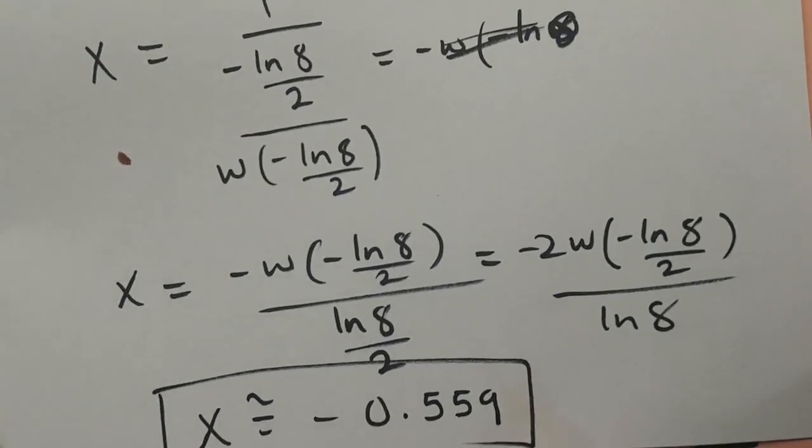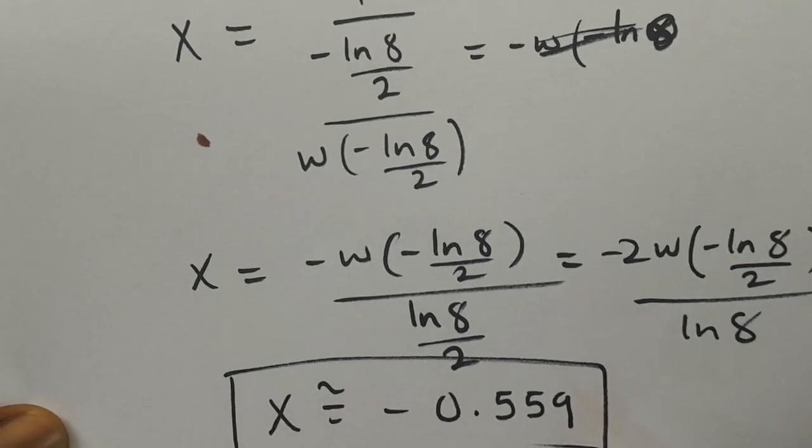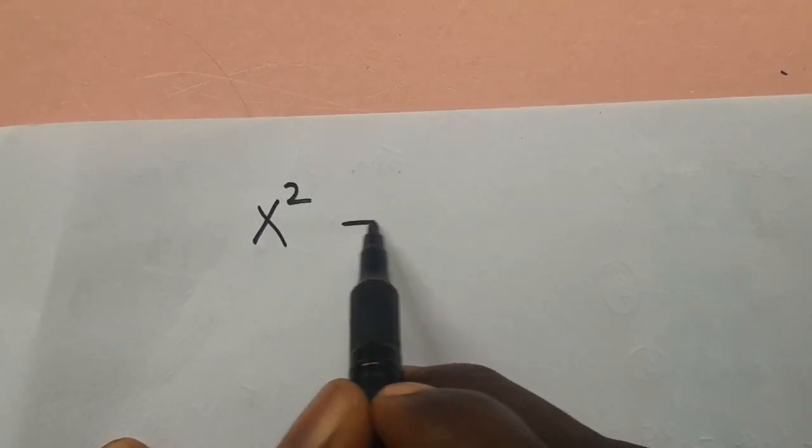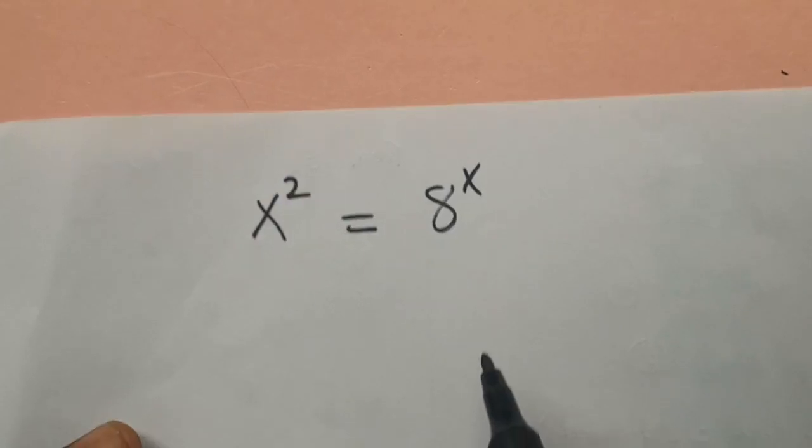And likewise, let's take a look at something reasonable. Now, by considering the question given to us, we have, by using the diagram, x to the power of 2 equals 8 to the power of x.